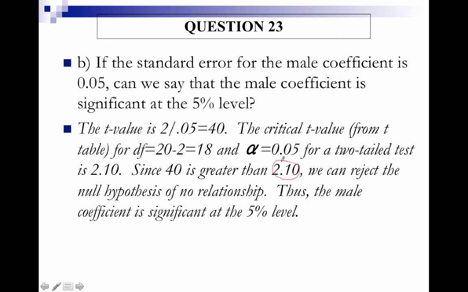We know that the actual t-value is the value of the coefficient divided by the value of the standard error. So 2 divided by 0.05 is 40. This is clearly much greater than the critical t-value of 2.10. So we can easily reject the null hypothesis and say that there is a relationship, or that the male coefficient is significant at the 5% level.